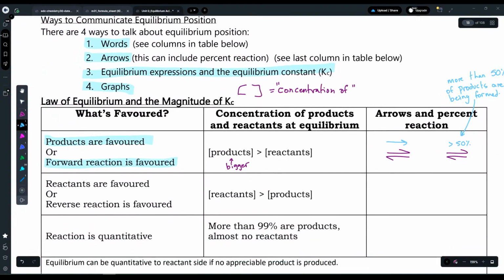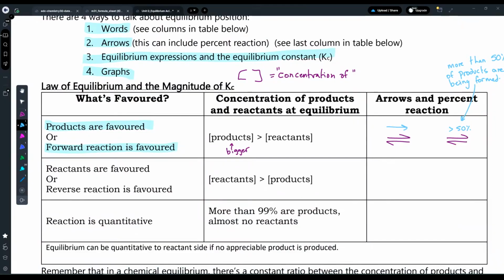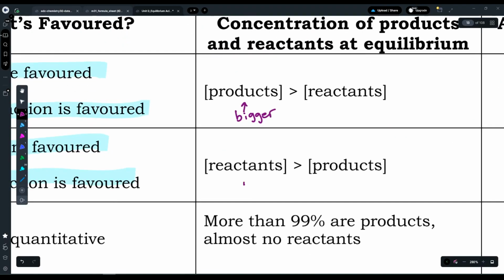If we want to say that the reverse reaction is being favored, we can either say the reverse reaction is favored or reactants are favored. What this means is that you're going to have a bigger concentration of your reactants compared to your products.